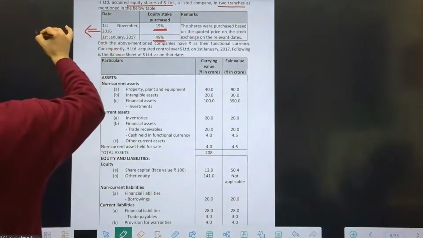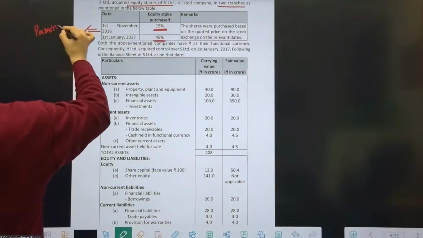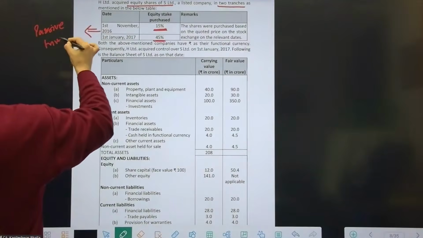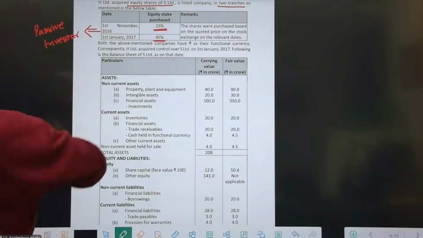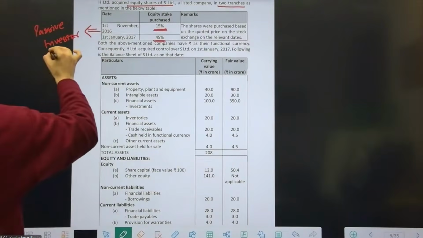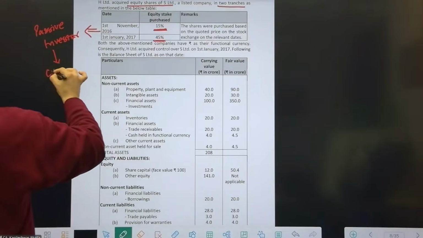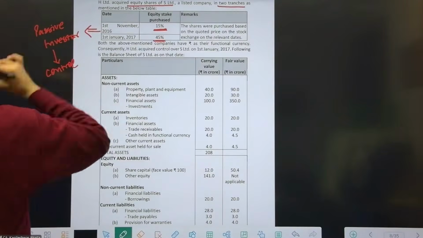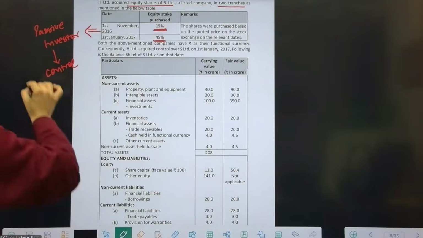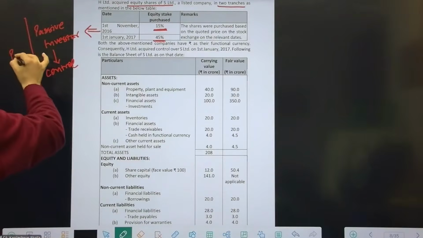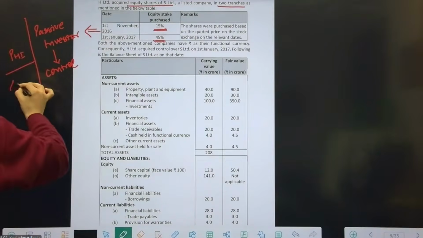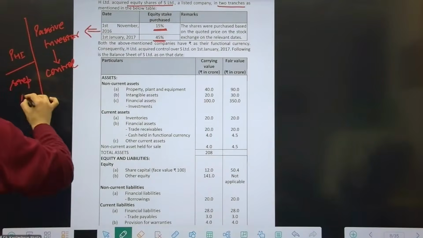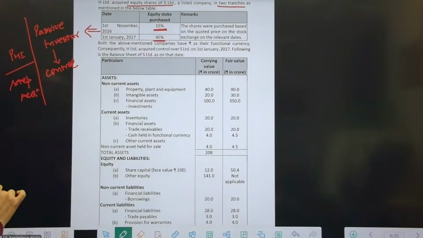So this is a case of conversion from a passive investor to a case of control. So I think we'll keep that this is a case of a PHI, or you can call it a step acquisition. Just putting the thoughts along as we read the inputs.